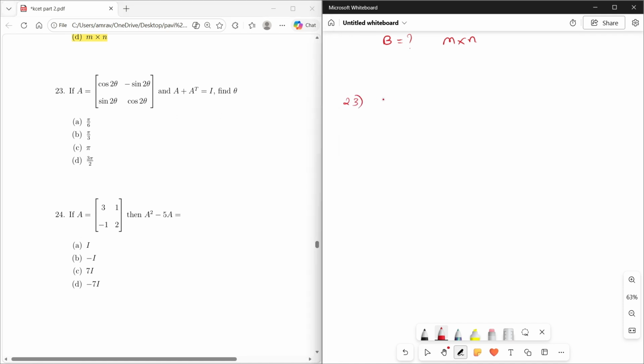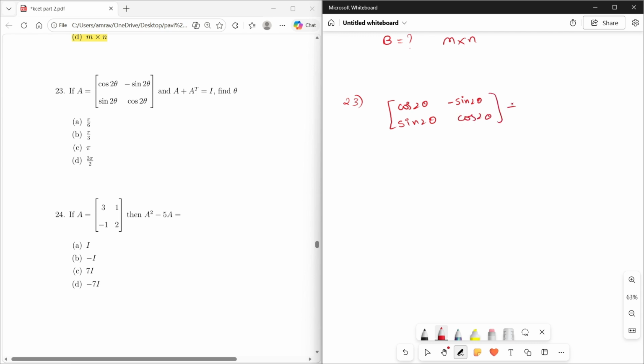23rd, they have given matrix A, a 2 cross 2 matrix, and they're asking you to find out the sum of A and A transpose. They have given that the sum of matrix A and A transpose is identity matrix. They're asking you to find the value of theta. Okay, let us first write down the matrix A: cos 2 theta, minus sin 2 theta, sin 2 theta, cos 2 theta.